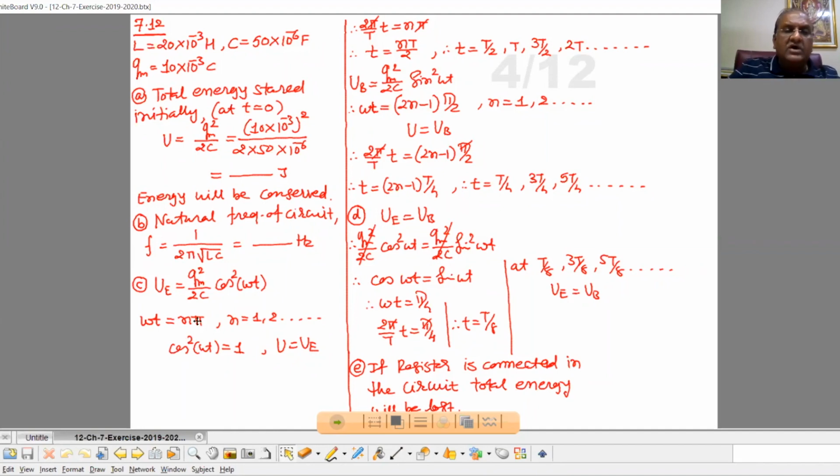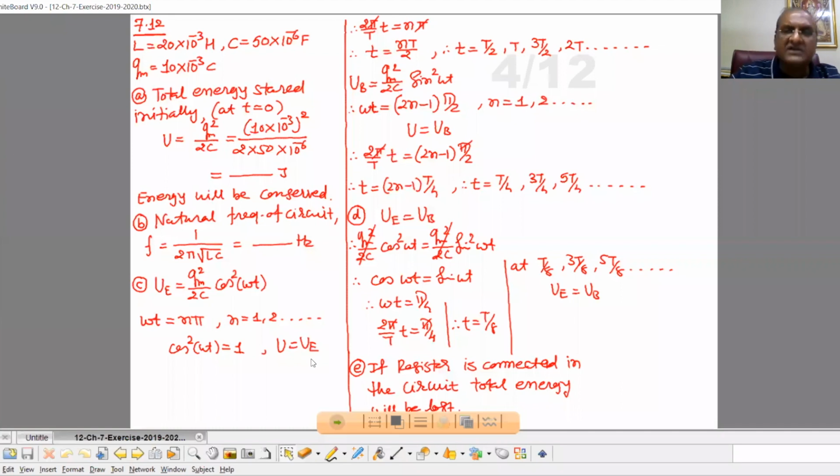So cos square omega t, that will be equal to 1 when omega t, that is equal to n pi, where n, that is 1, 2, 3 and so on. So for omega t equal to n pi, your cos square omega t, that will be equal to 1, and U, that will be equal to Ue. Total energy, that will be equal to electric energy.